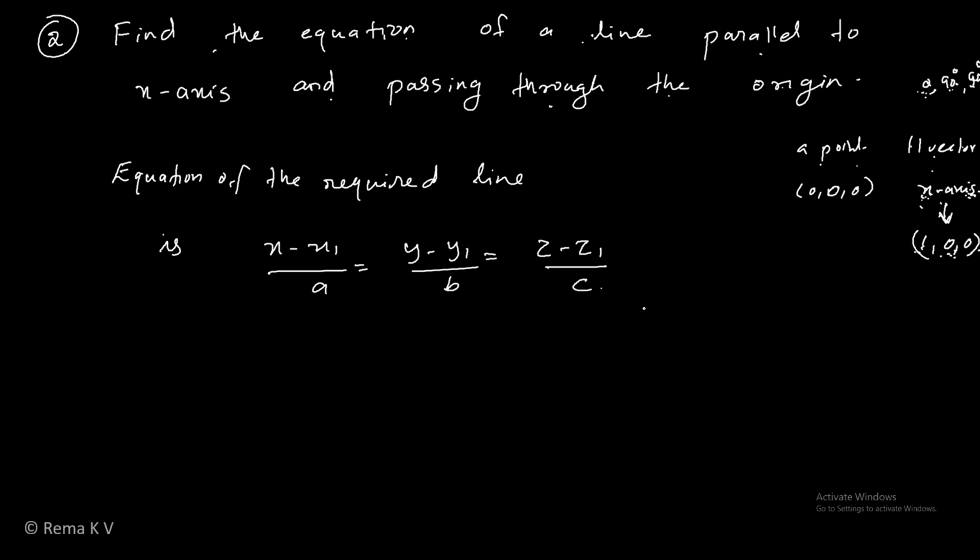This is the general equation. Here, given that x1, y1, z1 is 0, 0, 0, and the values of a, b and c are 1, 0, 0. Substitute the values here. You will get x by 1 equals y by 0 equals z by 0. This is the equation of the line.